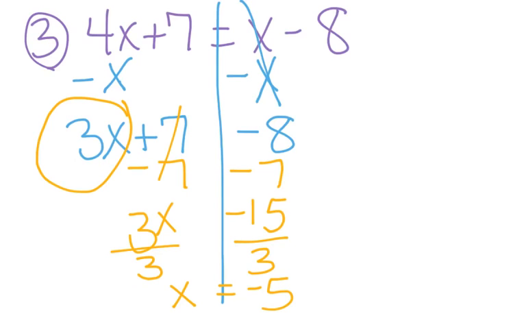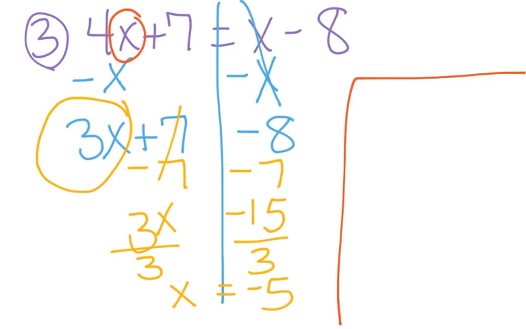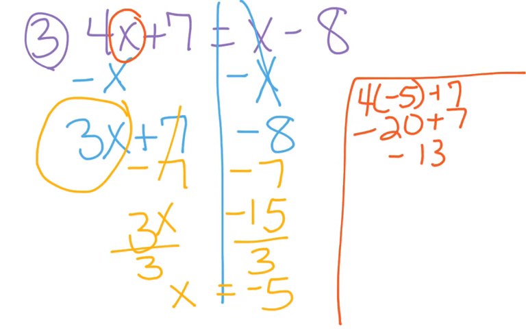If I wanted to check this, then I could come over here and I can put a negative 5 in that spot. 4 times negative 5 plus 7, negative 20 plus 7, negative 13. I also want to do it on the other side.